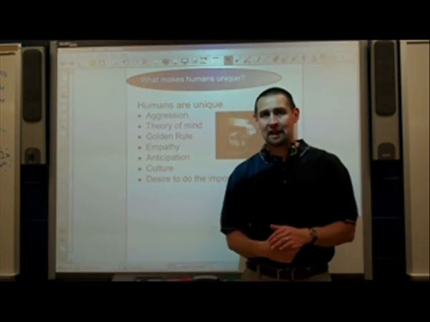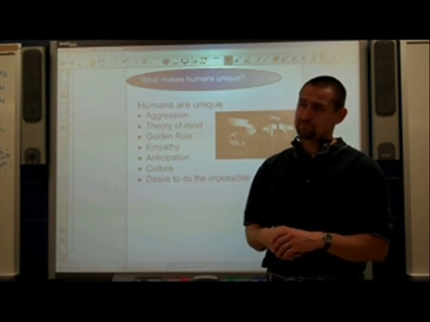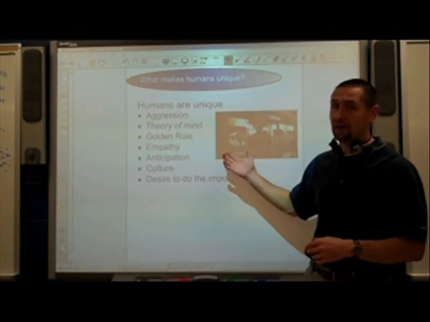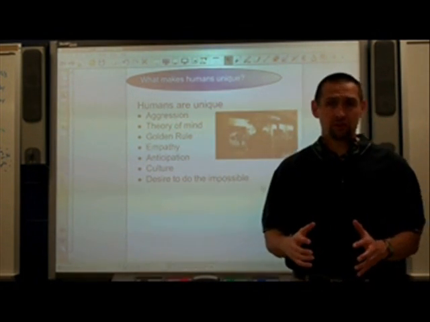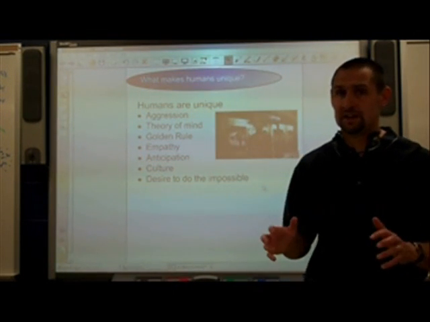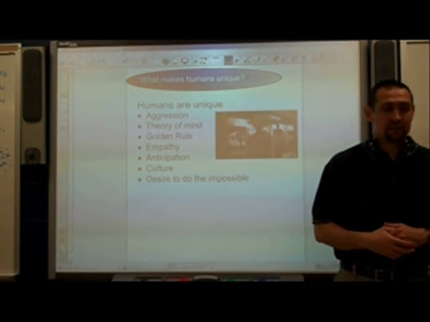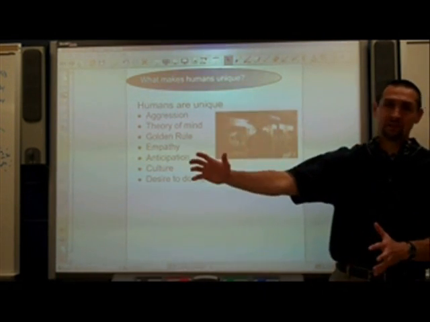These last two represent categories in which there is no real comparison to other living things. Humans have a culture, different cultures, very detailed and intricate cultures that are not represented in any other groups of living things. It's just absolutely unique.